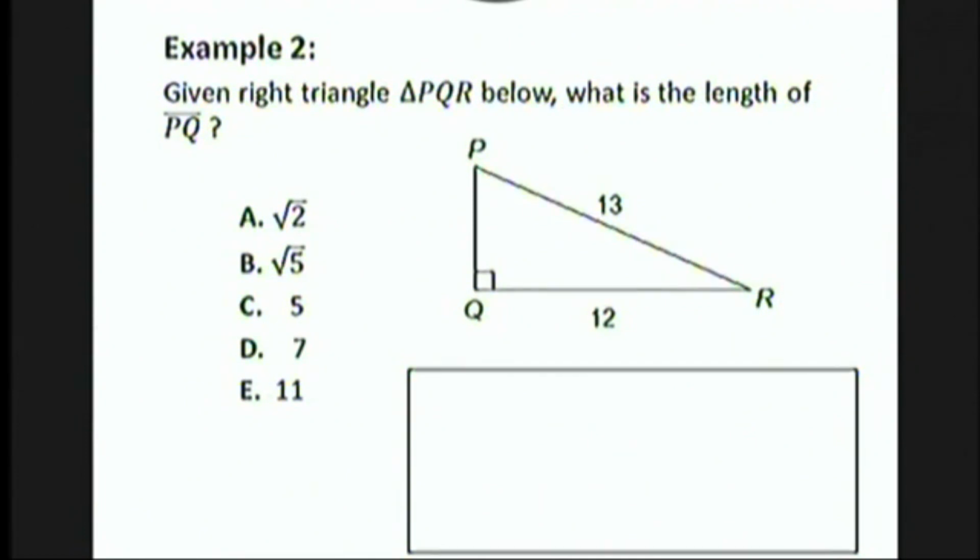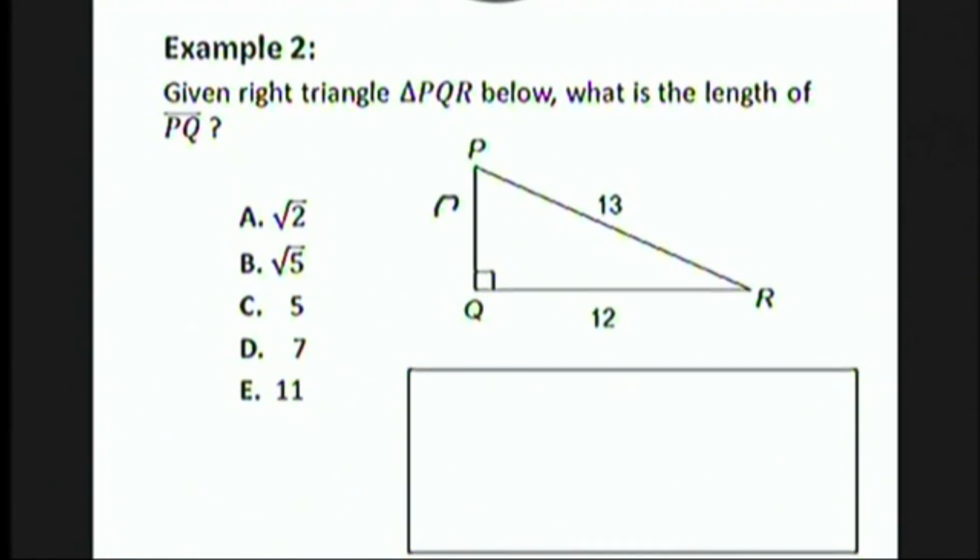Let's try another example. Given right triangle PQR below, what is the length of segment PQ? Okay, be careful. This time we're given the hypotenuse and not given one of the legs of the triangle.